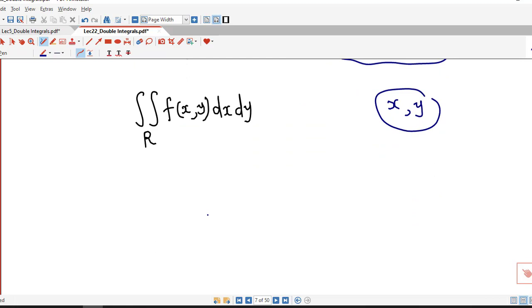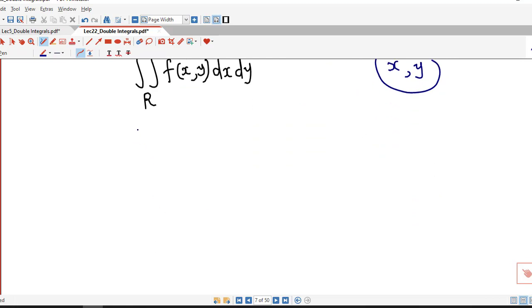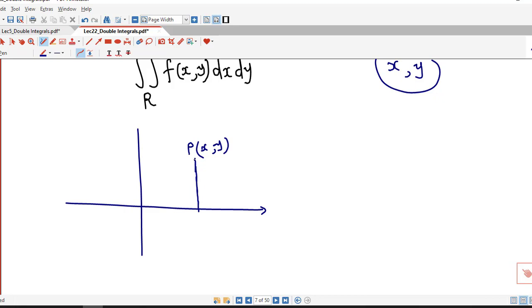So first we recall the relationship between Cartesian and polar coordinates. Suppose we consider some point, say ordered pair (x, y), where x and y are Cartesian coordinates. Then we consider the perpendicular from this point P on the x-axis.